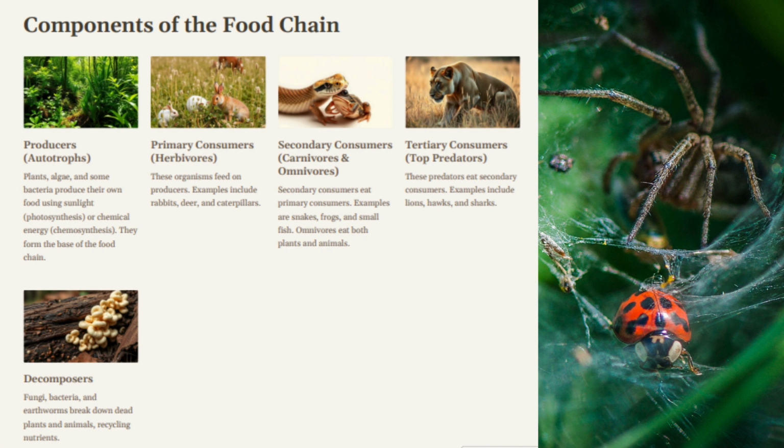So we also have the tertiary consumers, which we call also the top predators. These predators eat secondary consumers. So for example, we have hawks and sharks, okay? And we also have lions. And of course, we also have the decomposers, which are the fungi, bacteria, and earthworms.